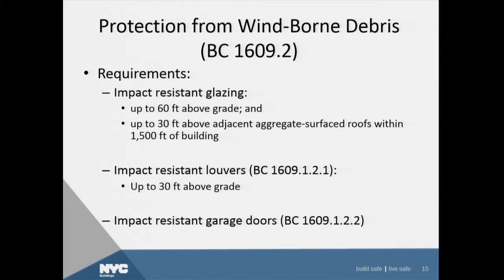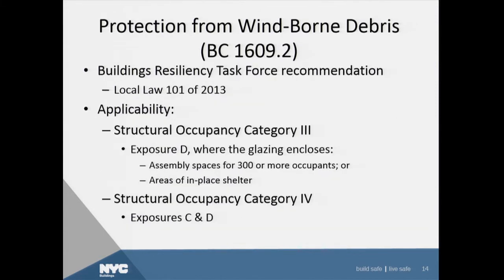There are also requirements now for, again, this is the same protection from windborne debris, impact-resistant louvers up to 30 feet above grade, as well as impact-resistant garage doors. So the idea is to keep the envelope intact during these high wind events, given that you could have large-scale and small-scale debris flying around. Losing a window in those category 3 or category 4 buildings could be quite catastrophic and have a huge impact on the structure.